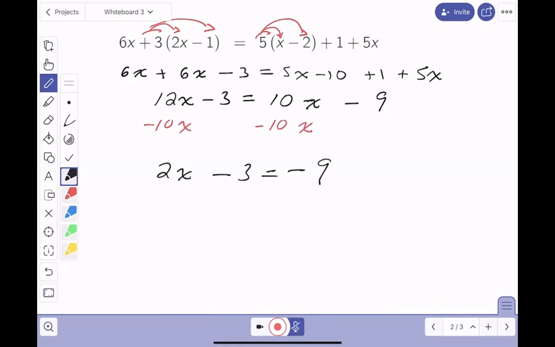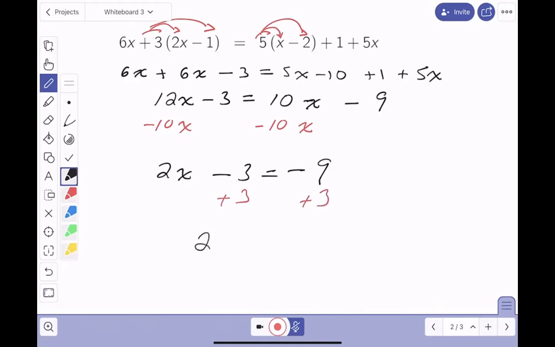All right. So what do I do first? First step was simplify both sides. That's done. Second step, get the variable term on one side. I've done that. The variable term's on the left side. I'm going to the next step. What does it say? Get the constant on the other side, by adding or subtracting the same constant. I'm going to add 3 to both sides. And what do you get?